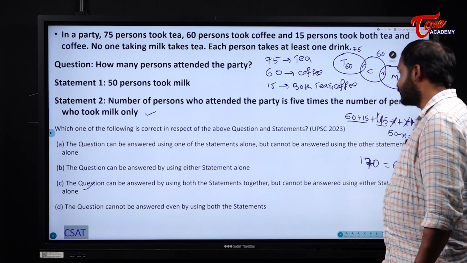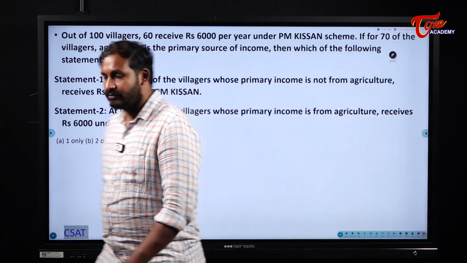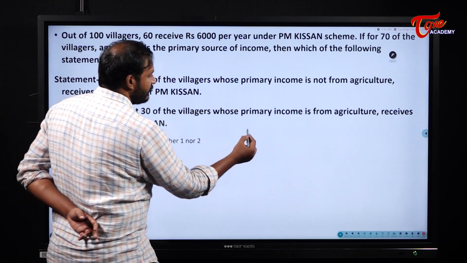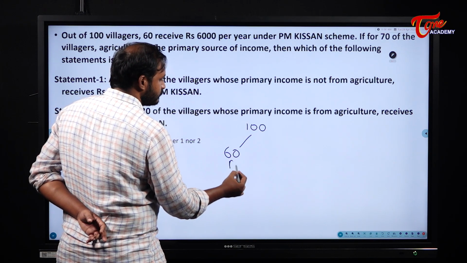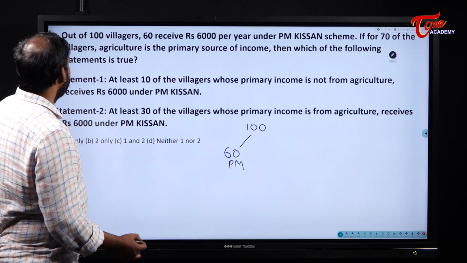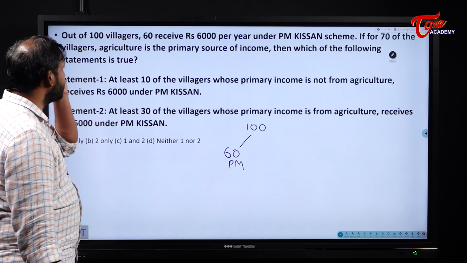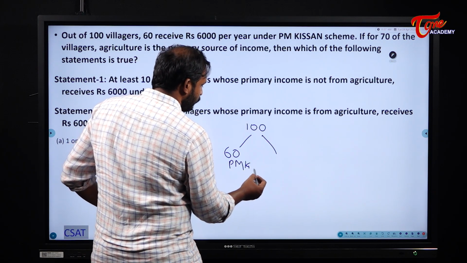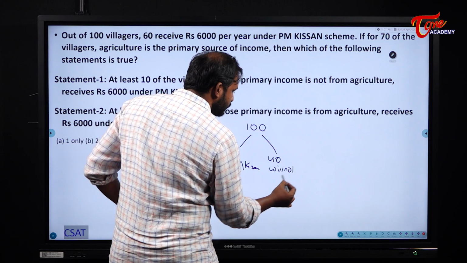Okay? Next one. Out of 100 villages, 60 receive rupees 6,000 per year under PM Kisan. Okay, 100 villages are there. In that, 60 receive PM Kisan. For 70 of the villagers, agriculture is the primary source of income. See, this is who will receive PM Kisan, and 40 will not receive PM Kisan.